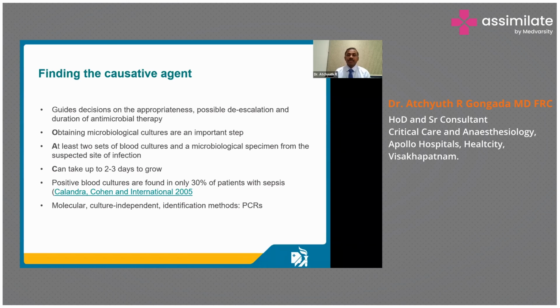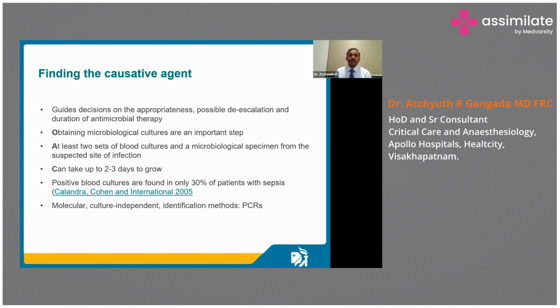So whenever we come across a patient, you take microbiological culture samples before you embark on the antimicrobials. And we collect at least 2 sets of blood cultures and other specimens from the suspected site of infection. And unfortunately, the cultures to grow the organisms would take longer than we can actually give to start treating the patient.